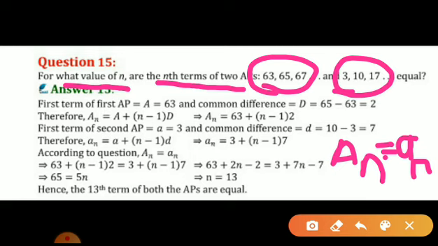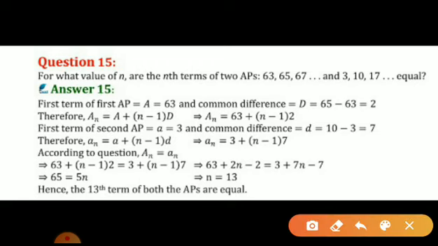Is that clear? See, whatever is given, try to understand what we need to find and what is given to us. Then it will be easier, because in this only that formula you have to make use of. Now here, since you have been given two APs, I'll be taking the first term of the first AP as capital A and the first term of the second AP as small a.